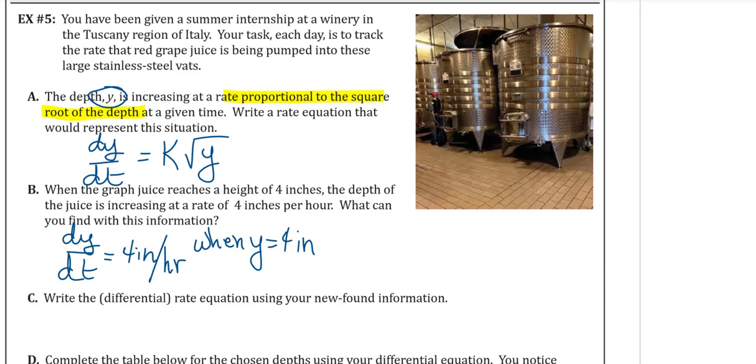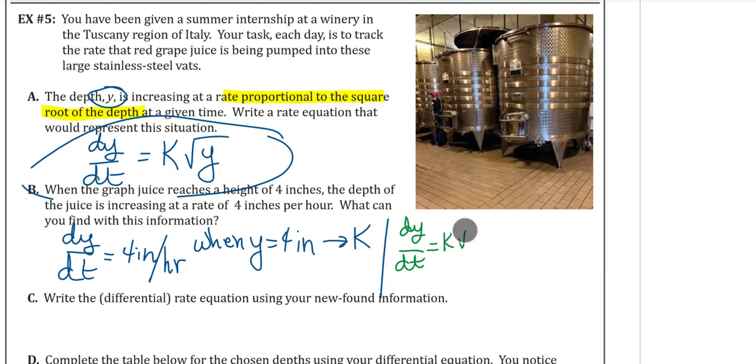What we can find is k, because we can fill everything into our equation in part A. Knowing dy/dt is equal to k times the square root of y, we fill in 4 is equal to k times the square root of 4. Solving this, we get that k equals 2.